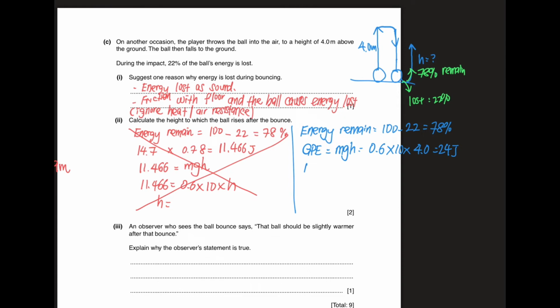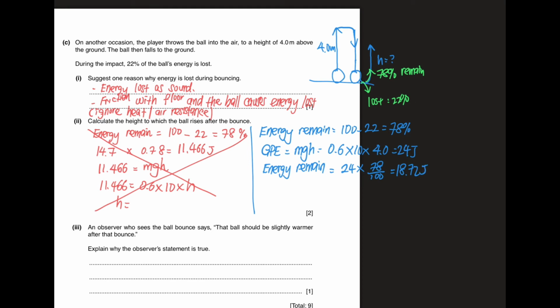So energy remaining is 24 times the 78%. You can do 0.78 or you do 78 over 100. That's the percentage problem. 24 times 78 over 100 is 18.72 joule.